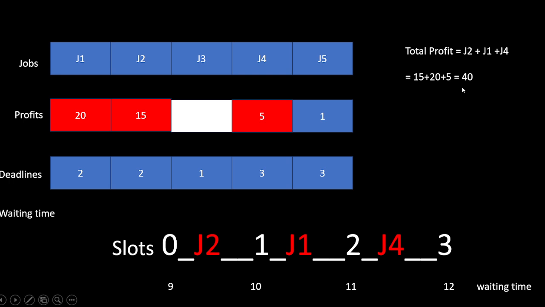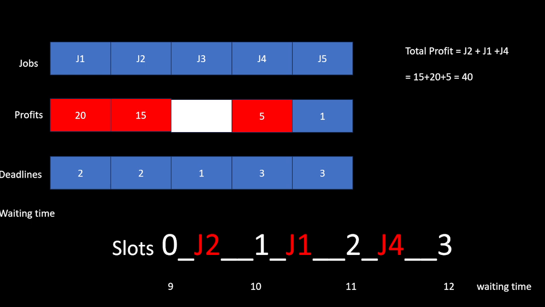The total profit is 40 units, as estimated by this job schedule. The waiting time will be 3 hours. J2, J1, J4 is the order. The remaining jobs can be avoided. So for maximum profit in the given time slots, you can fit these 3 jobs. Okay, this is about job scheduling.